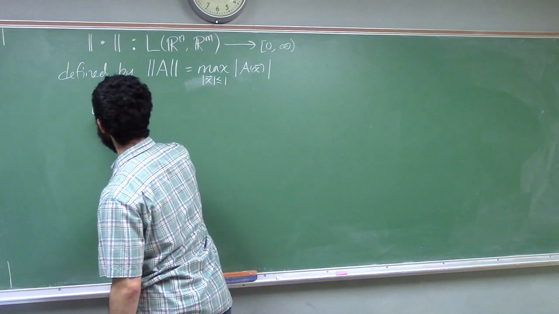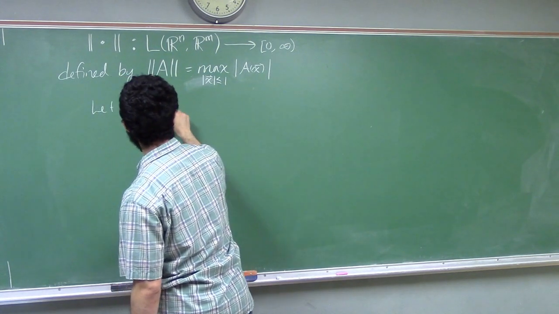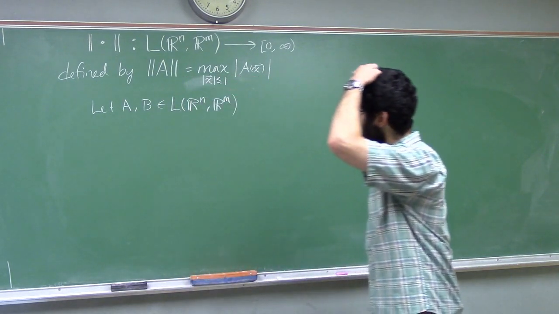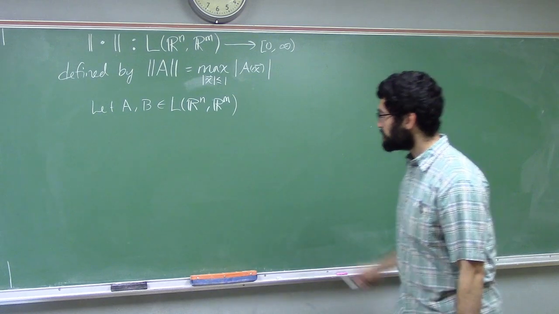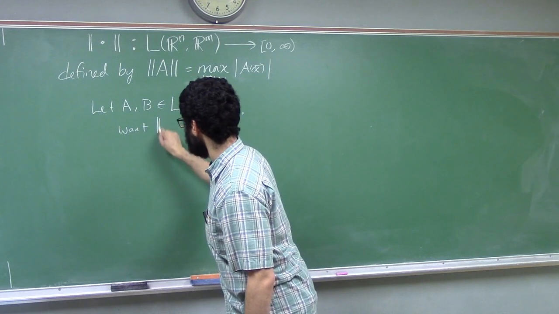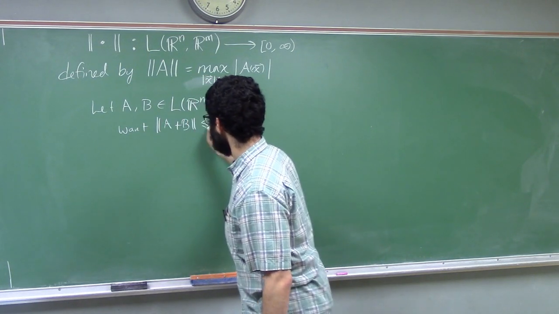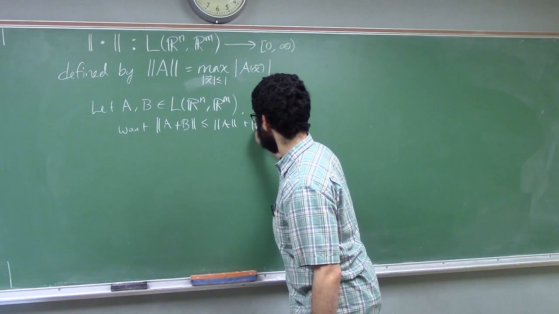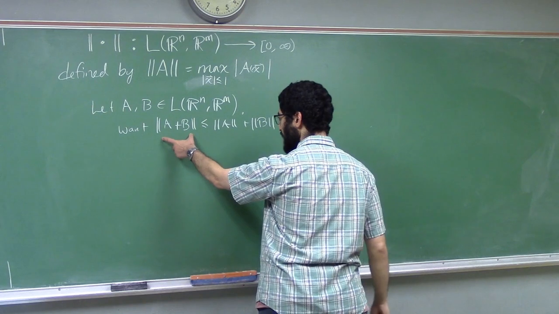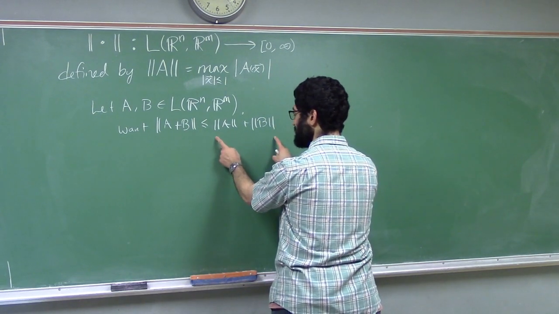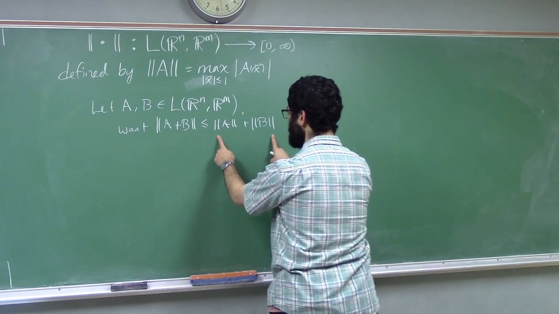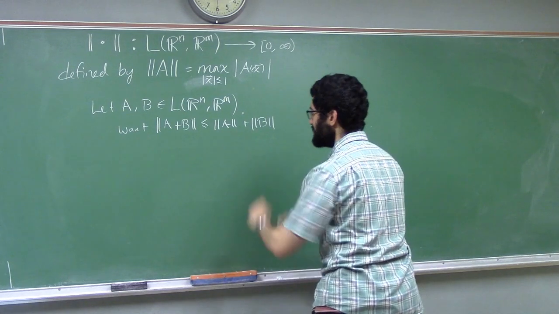Let A and B be linear maps from Rn to Rm. I want to prove that this, which is a certain max, is bounded above by this. I want to prove that a certain maximum of a certain set is bounded above by this. I can do that by showing that this is an upper bound for that set.